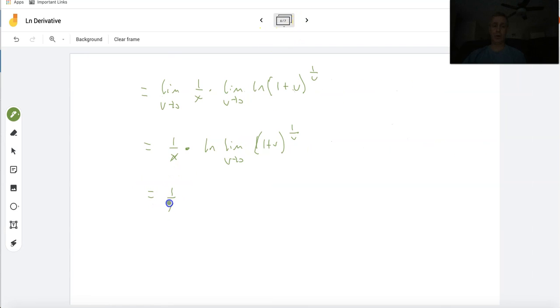So we end up here, again, this whole thing is going to equal the natural log of e. And then the natural log of e, you hopefully remember, is just equal to 1. And then this here concludes the proof that the derivative of our natural log function is just equal to 1 over x.